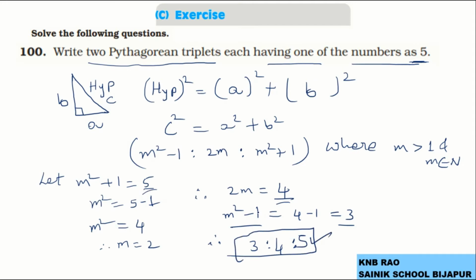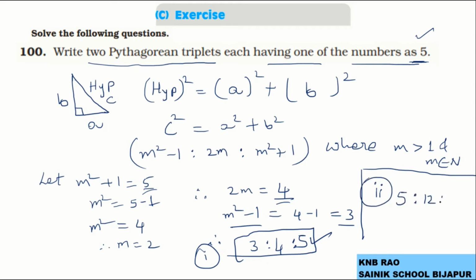Okay, and students, there is one more Pythagorean triplet also having one of the numbers as 5. This is the first one and the second one is 5, 12, 13. You can cross check even.